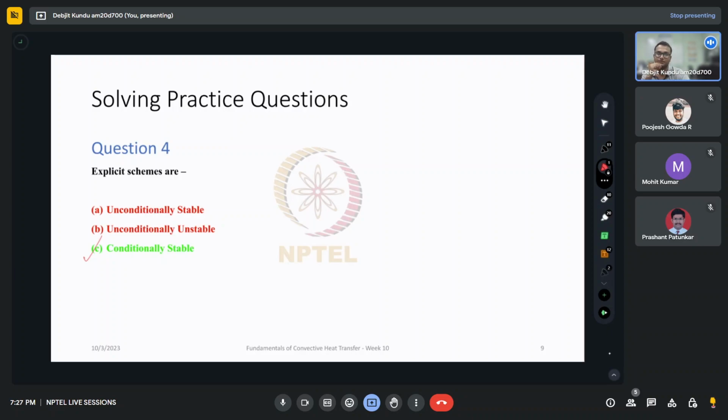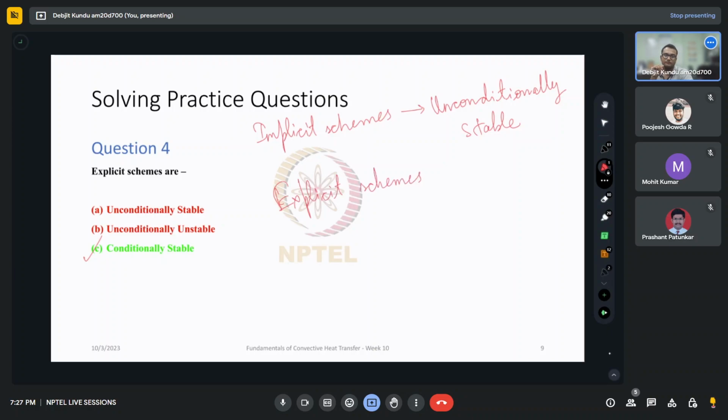Why is that? Implicit schemes, on the other hand, are unconditionally stable, and explicit schemes are conditionally stable.